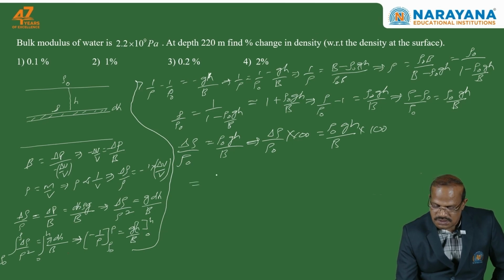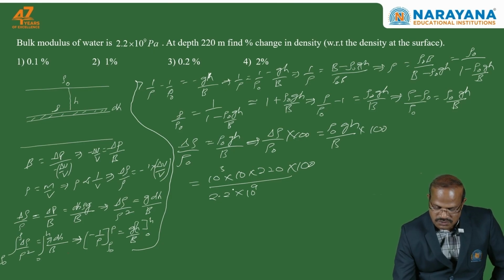Here rho naught is 10 cube, the density of water, g you can take as 10, H is 220 meter, this is into 100, divided by the bulk modulus 2.2 into 10 power 9, as given.